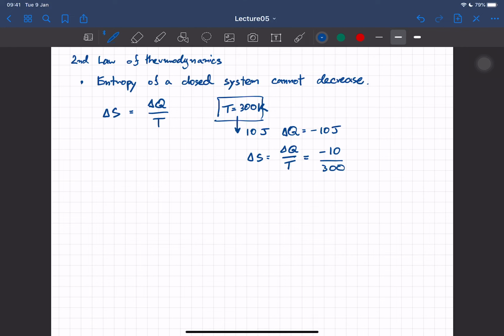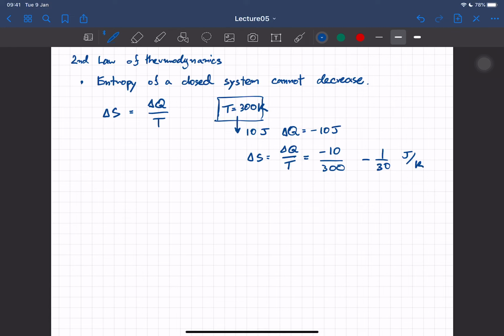What this says is that the heat bath has its entropy decreased by this much: minus 10 over 300, or minus 1 over 30 joules per Kelvin. That's the unit for entropy. So entropy decreases in this case.